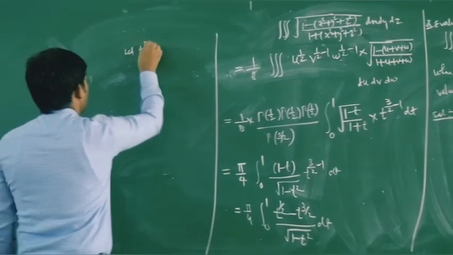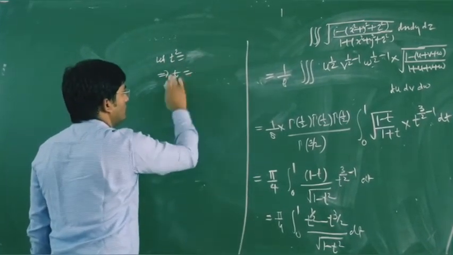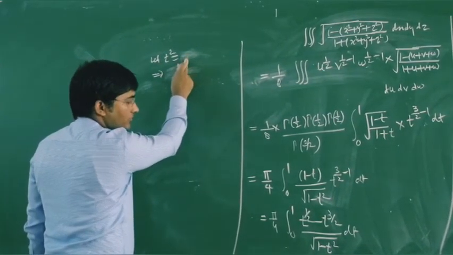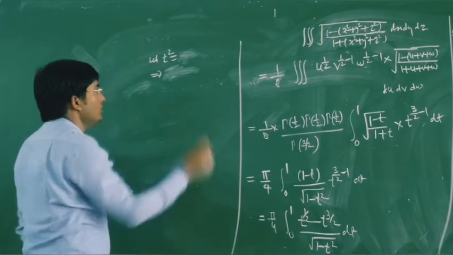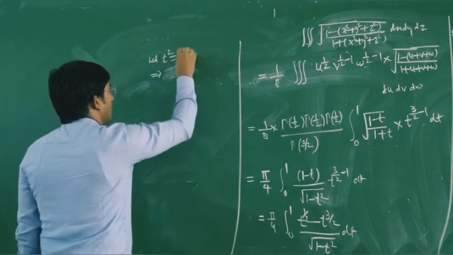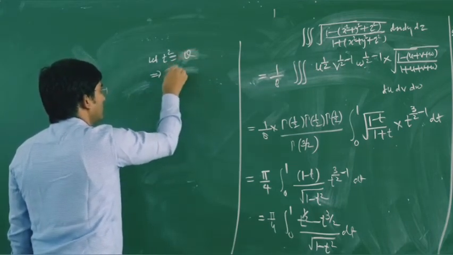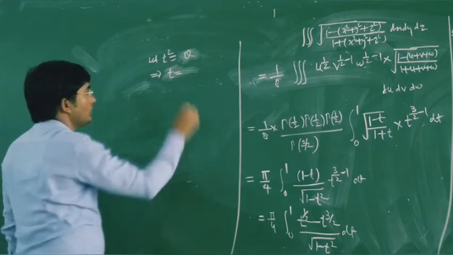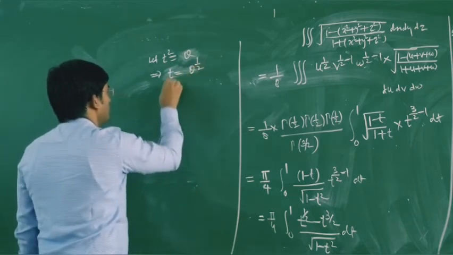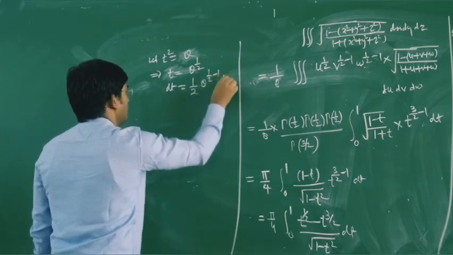Or don't put u because we already have the variable u. So let us put this one as say theta. So your t will be theta power half. So your dt will be half theta power half minus 1 into d theta.